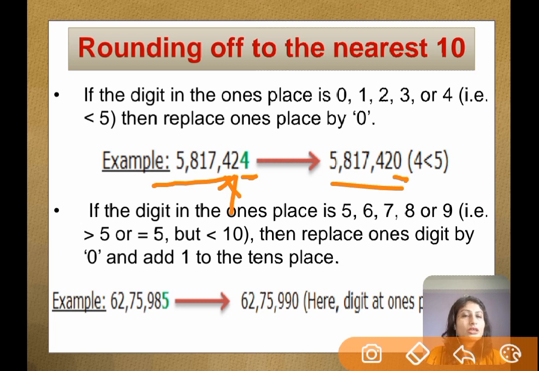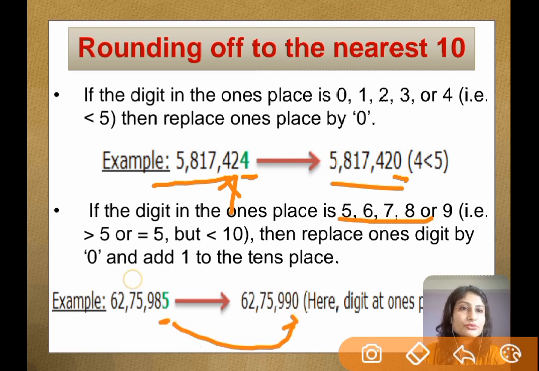Now second rule about this thing is, if the unit place is greater than or equal 5, then what to do here? If it is greater than or equal 5, then you have to replace it with 0 and you have to add 1 to the previous digit, that means to the tens position.